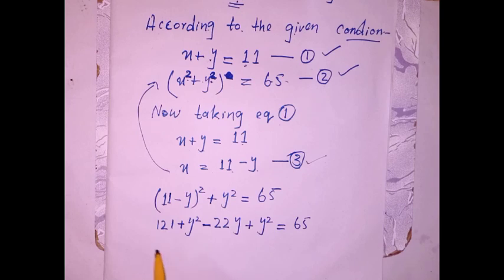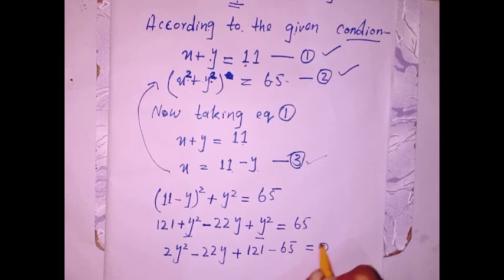And now y square plus y square is equal to 2y square. So we get 2y square minus 22y plus 121 is equal to 65.